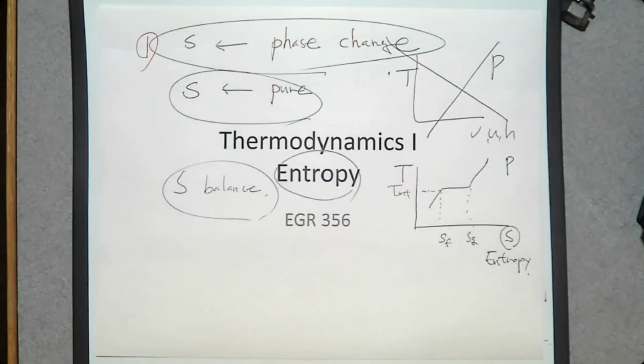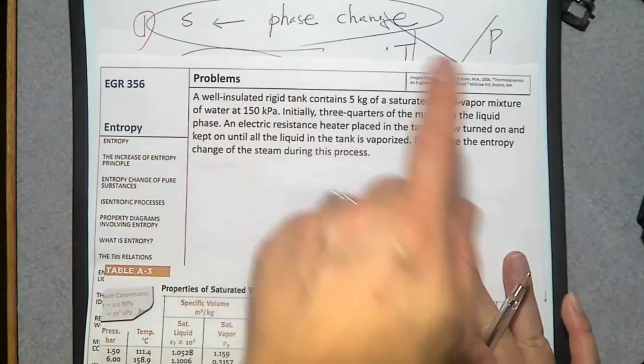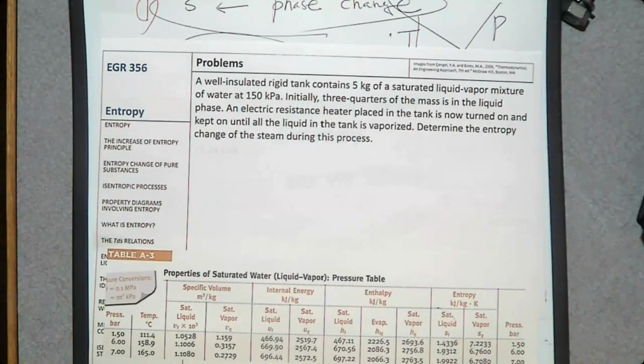Before we go to the second part, which is finding entropy for a pure system, let's solve a problem together in terms of entropy of a phase change material. A well-insulated rigid tank contains 5 kilograms of saturated liquid-vapor mixture of water at 150 kilopascals. Initially, 3/4 of the mass is in the liquid phase, so you have a saturated mixture.